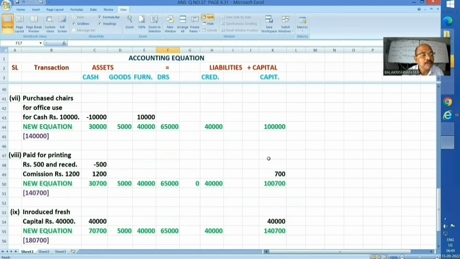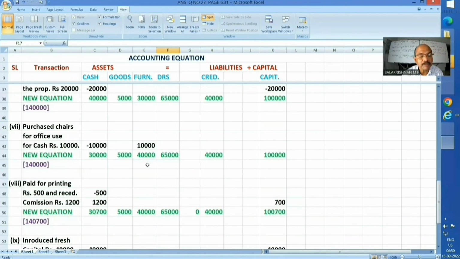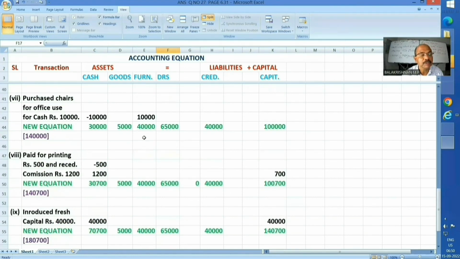Seventh one, purchase chairs for office use. Well, this is for office use, actually furniture. What was the value of the chair? 10,000. Add to the furniture. Previously, furniture was how much? 30,000. Now it will become 40,000. And cash got reduced to that extent. It is practically nothing but one asset has been utilized for procuring another asset.